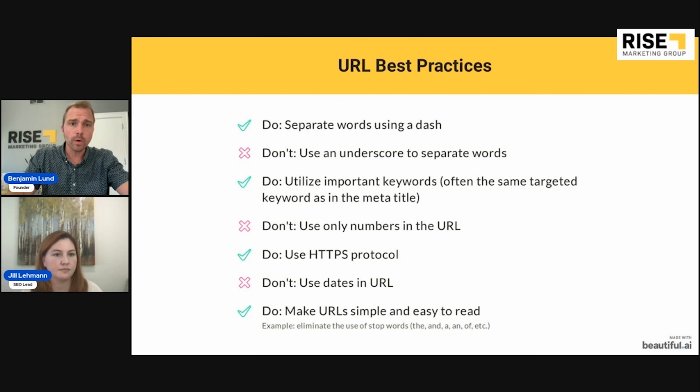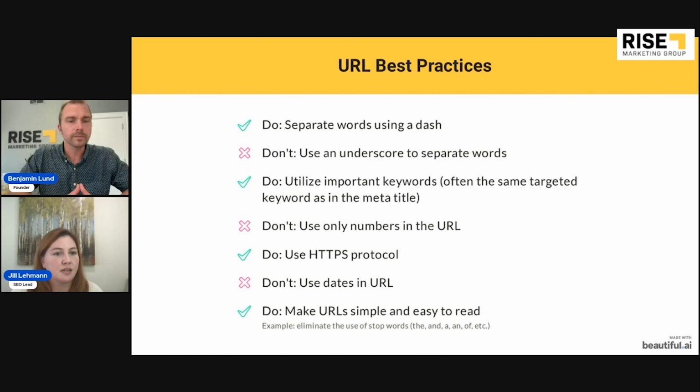What are some of the URL best practices, which will be super helpful for folks that are just starting a website or looking to reassess their current URL structure? So a lot of these URL best practices are pretty straightforward. Like we were mentioning, it's really important to just make sure you're providing a positive user experience. So as long as your URLs read very clearly, you're oftentimes going to be utilizing the best practices naturally.